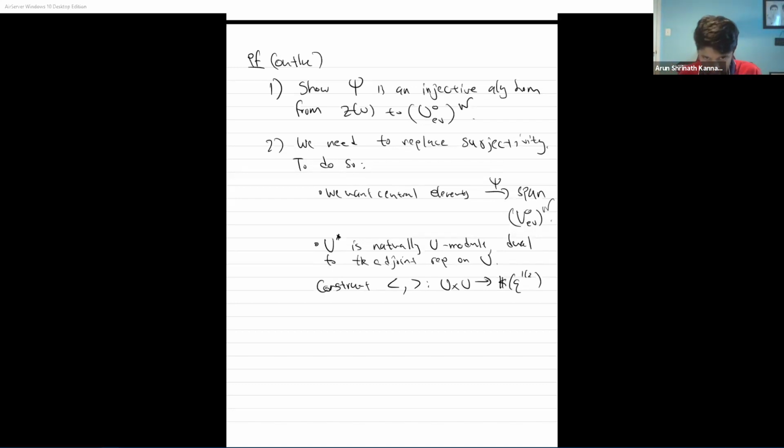Because it's non-degenerate and invariant, it gives an embedding of U into U dual. It would be good to emphasize that it's an embedding.